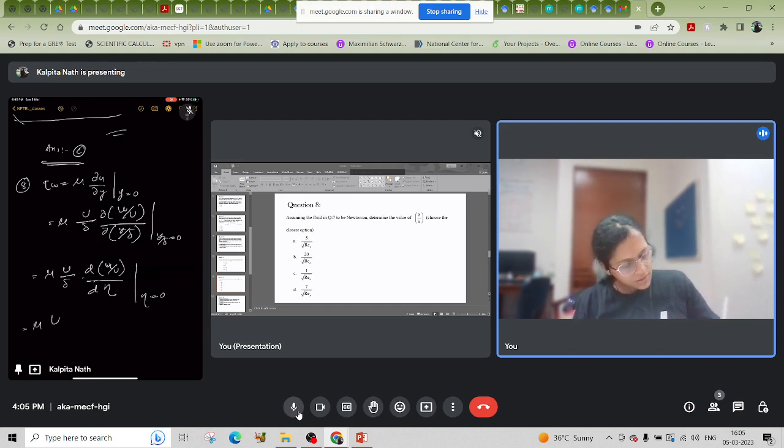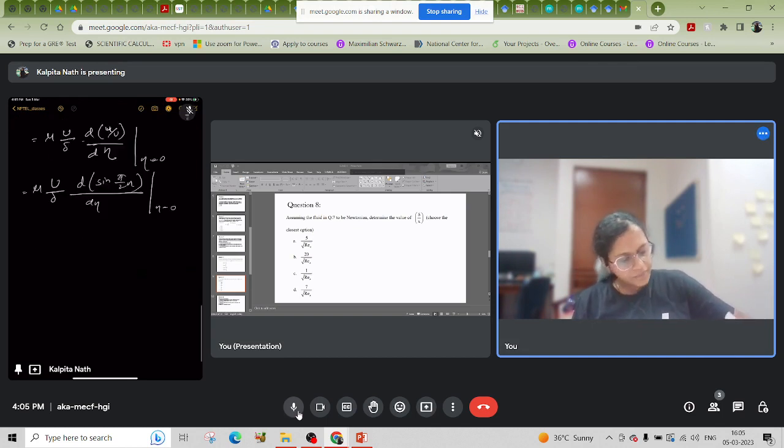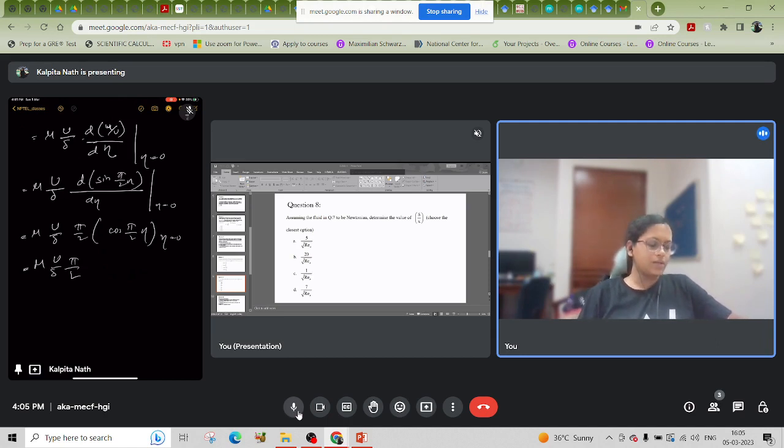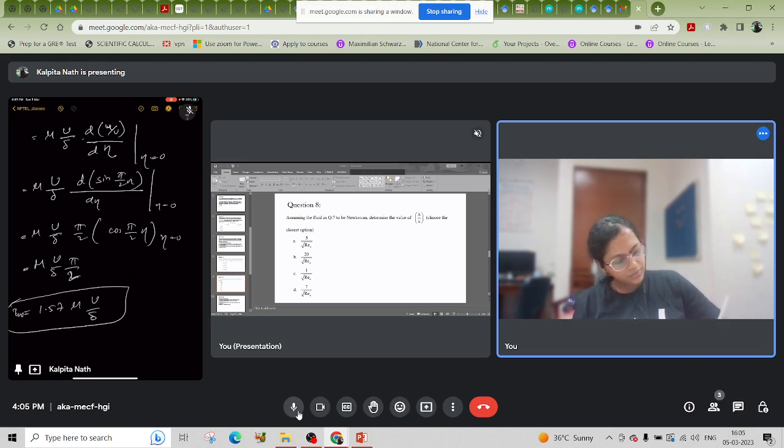That is mu U by delta d of sine pi by 2 eta d eta at eta equal to 0. So this is mu U by delta times pi by 2 cos pi by 2 eta at eta equal to 0. Cos 0 is 1. So this is equal to 1.57 mu U by delta. This is tau w if the fluid is Newtonian.